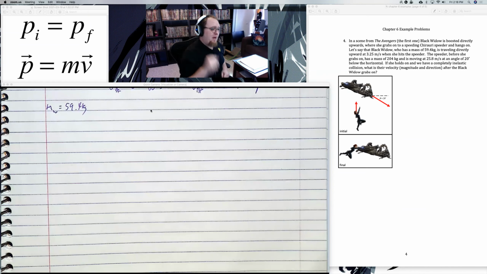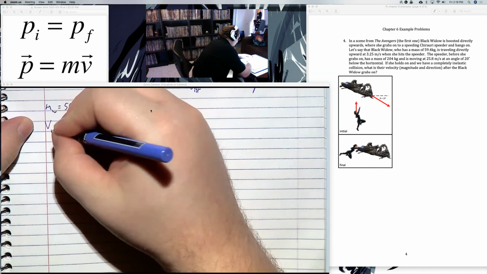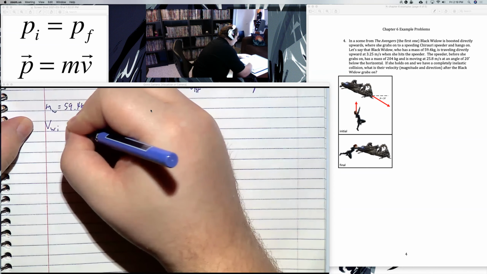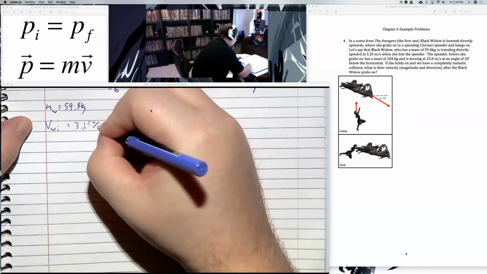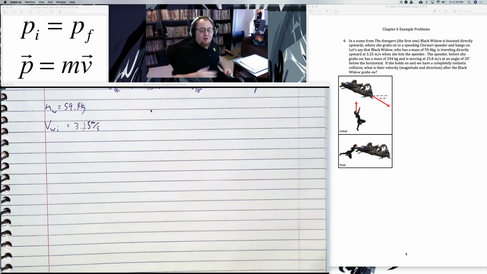I say Black Widow is traveling directly upwards at 3.25. That means the velocity of Widow initial has the value of 3.25 meters per second. But if I'm working two-dimensionally, with vectors not straight together or apart, but at angles, I have to think about what direction they're in. Widow is traveling straight up.